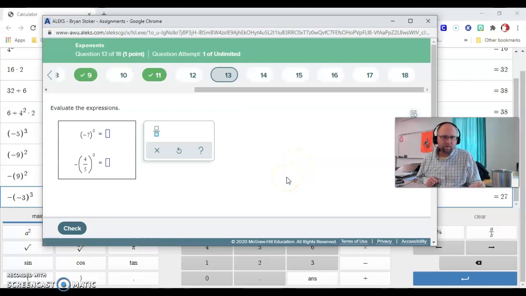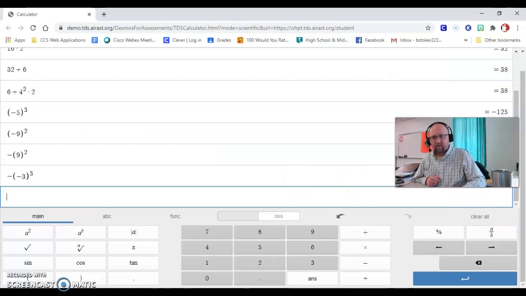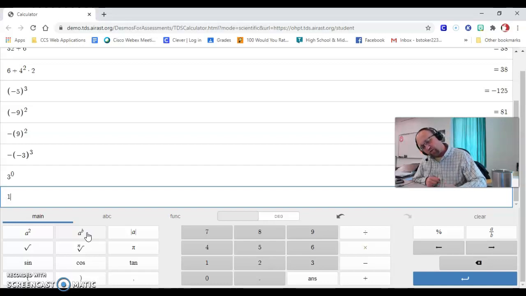Okay, guys, this one deals with the idea that any number to the 0 power is 1. So watch this. If I take a small number like 3 and raise it to the 0 power, I get 1. If I take a large number like 1,365 and raise it to the 0 power, I get 1.